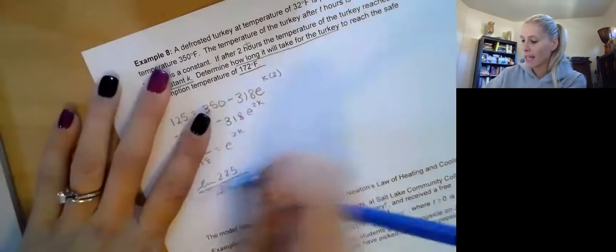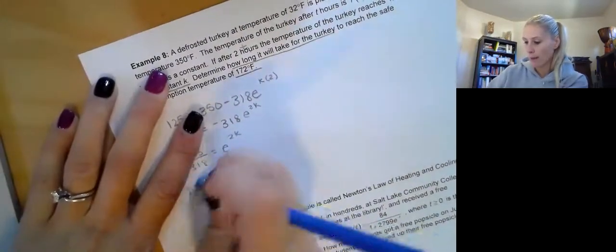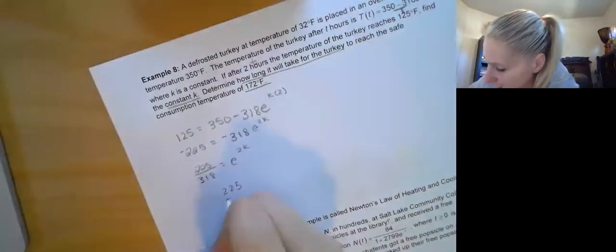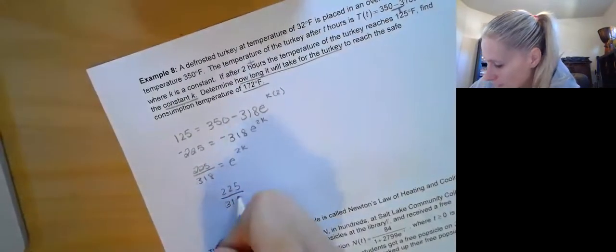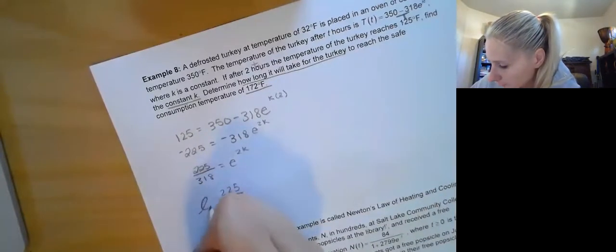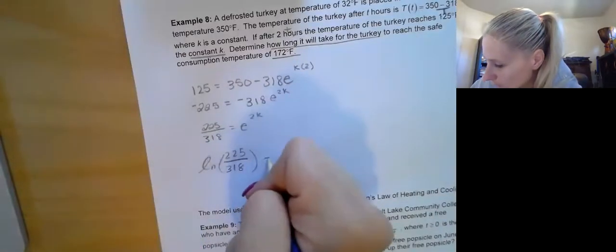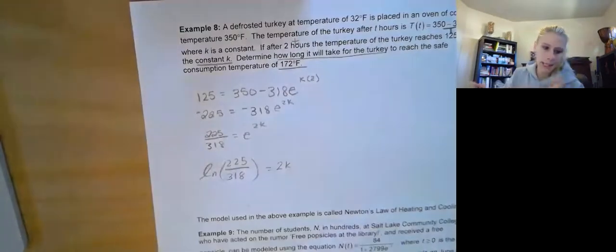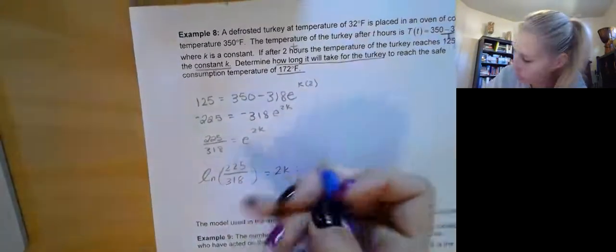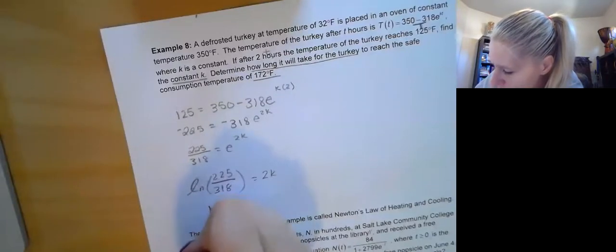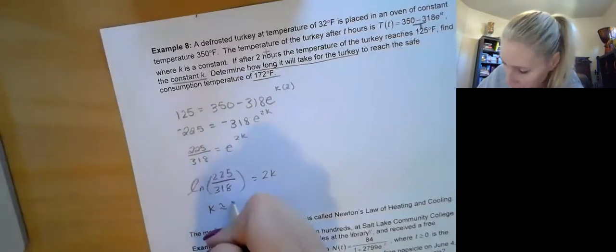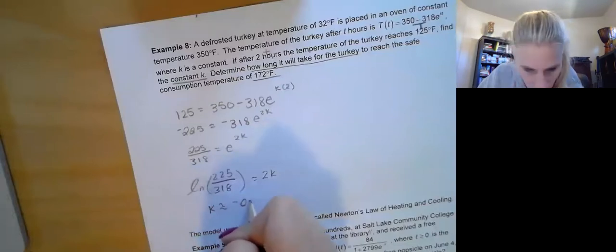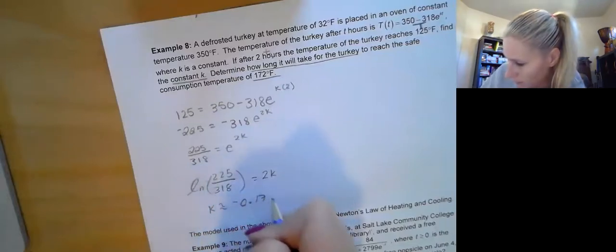No, it's ln of all of it, so all of that's in parentheses. I'm going to write my ln a little bit better so you guys can see, and I don't want you to make that mistake. Does that make it more clear? So we get 2k. So what are we going to do? We're going to divide both sides by 2, which gives us k is approximately negative 0.173.